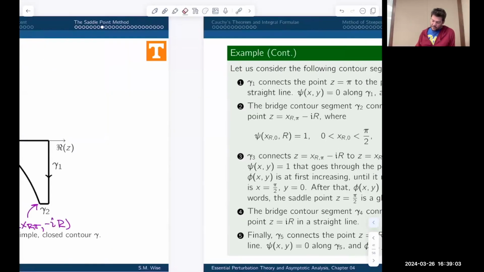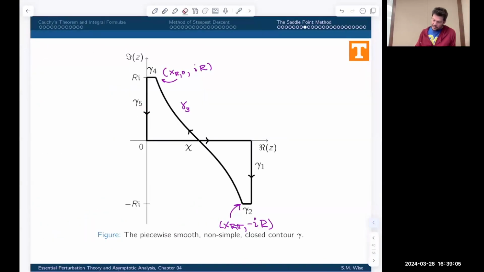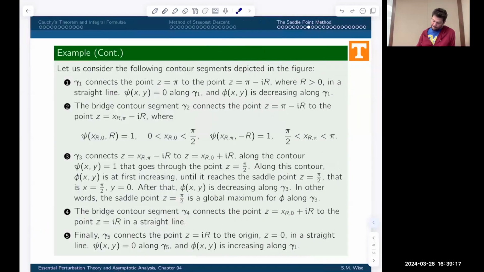The bridge contour connects this point here to this point here. This point is x equals 0, y equals r, or in other words, z equals r times i. So connect this point to that point in a straight line shot. And finally, gamma 5 connects the point z equals ir to the point z equals 0, the origin.